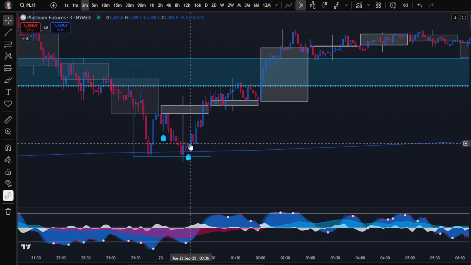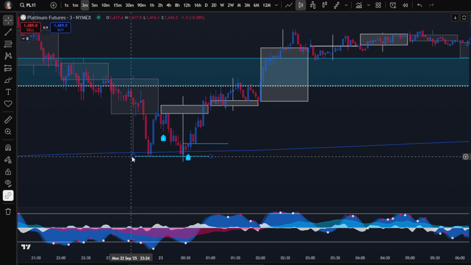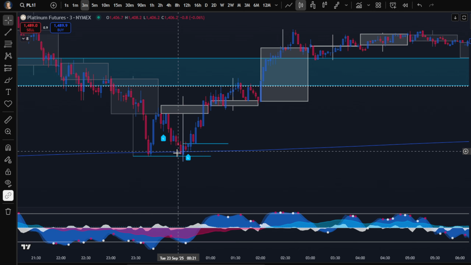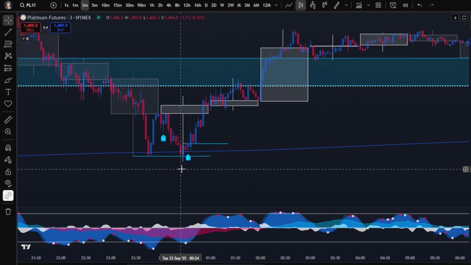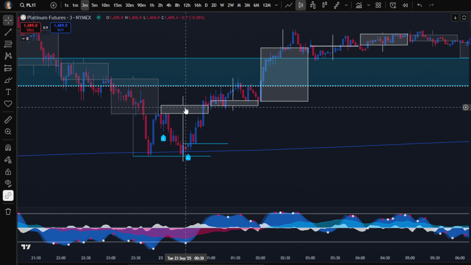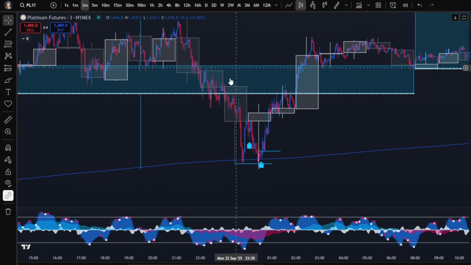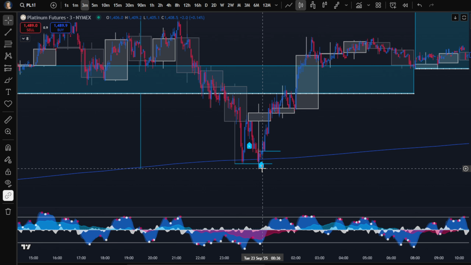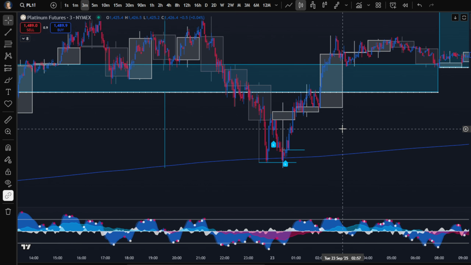By the time our 3 minute condition has printed, price is higher than the low of the previous 1 hour candle. So intra-bar, we have swept the previous 1 hour candle. We are potentially within a 1 hour reversal inside of a daily candle via the 3 minute time frame. And that's what we're trying to do.